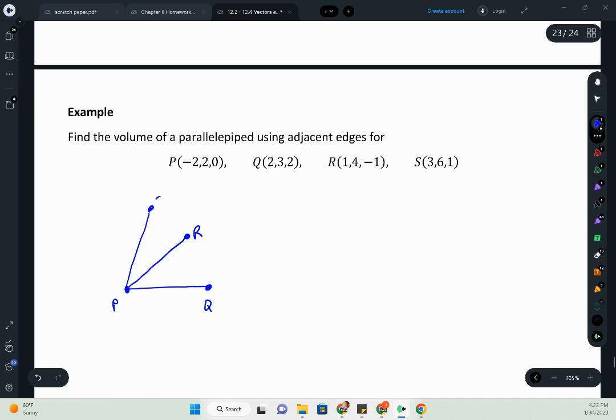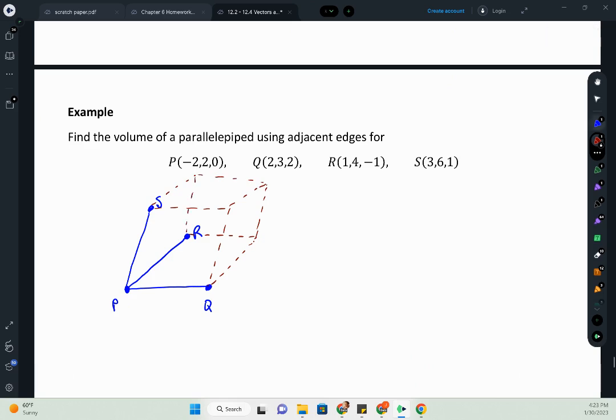So Q, R, and S. Now to give this a little bit of depth, we need to draw in the parallelogram that is formed by the adjacent edges of these vectors. There we go. Oops. There's one more. Okay, so now we can see a parallelepiped here.